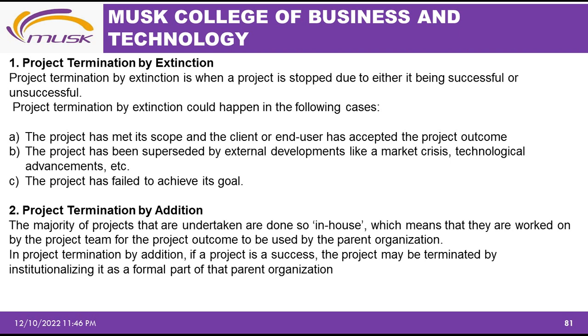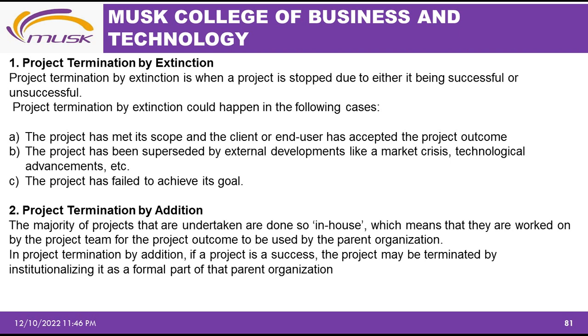So we have business related projects that may be affected by crises in the market. For example, what happened during COVID, some people were forced to completely stop the project that they were doing. Then the project has failed to achieve its goal. Remember, extinction can be due to success or due to failure to succeed.